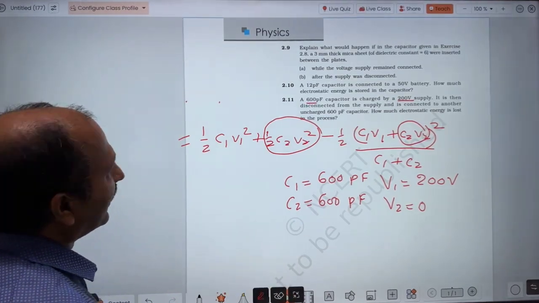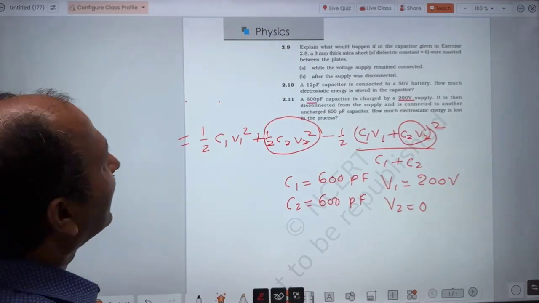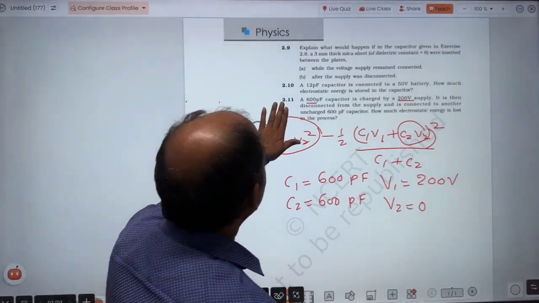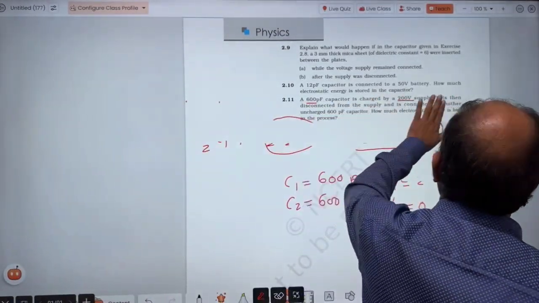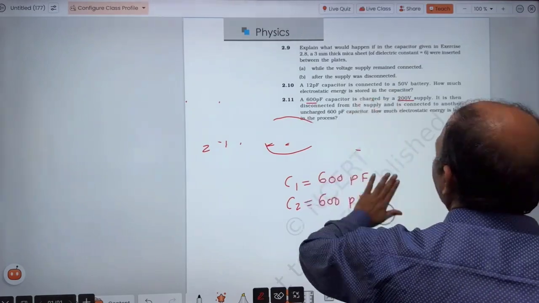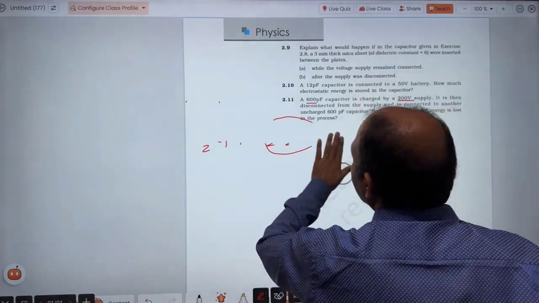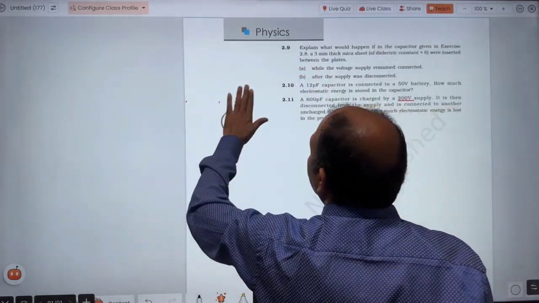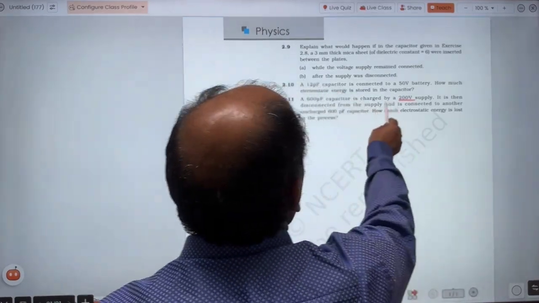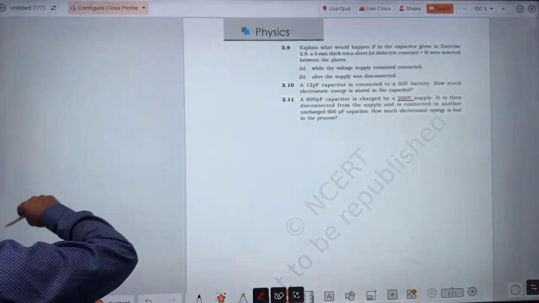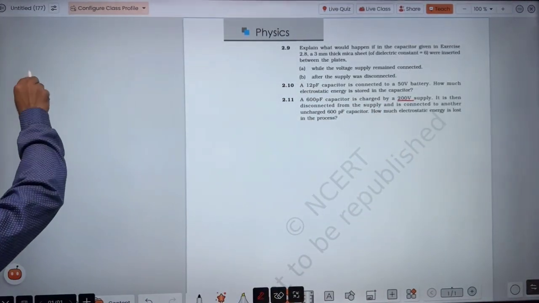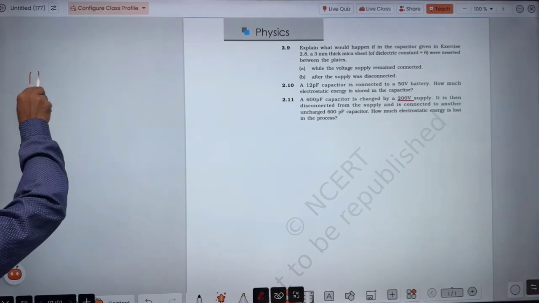Half C1 is 600 into 10 to the power minus 12 into V1 square, the voltage is 200 square. So this is the initial potential energy. We can simplify it, but I'm just leaving it for you.